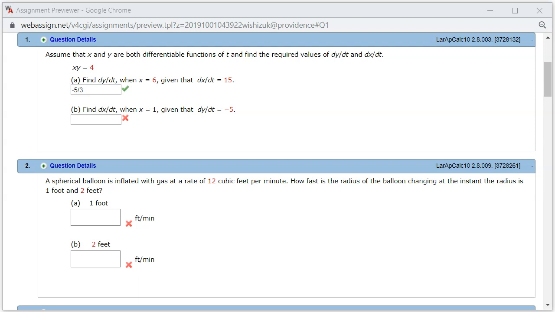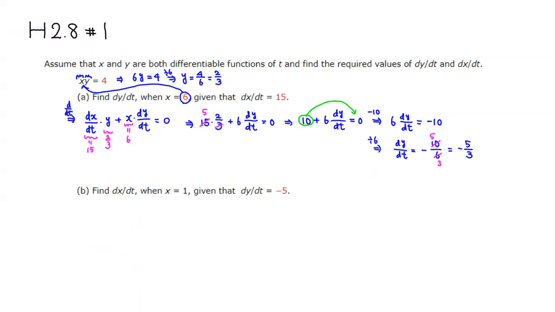All right, let's do part B. The equation is the same, so the derivative is the same. All you have to do is plug in different numbers. We don't know dx over dt, so this is what we want to find.